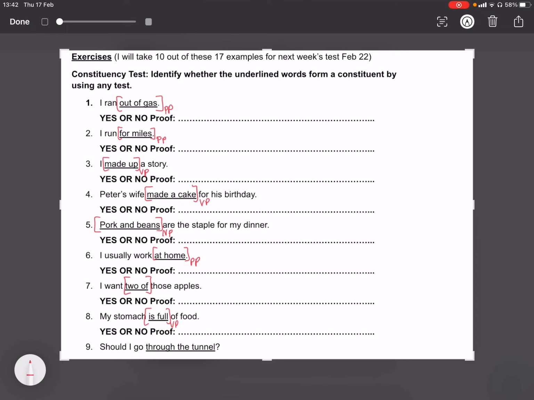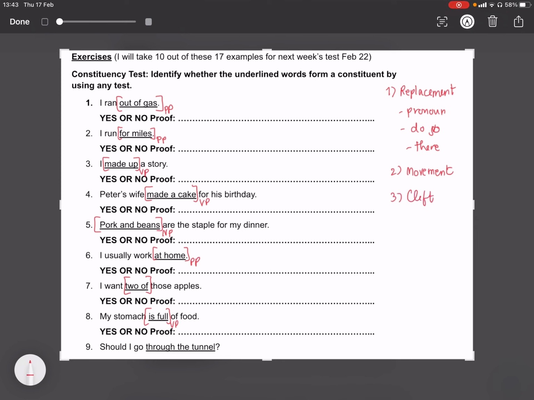So just to remind you, the constituency test can be done by replacing the string of words with a pronoun, or do so for verbs, and there for PP, okay, for prepositions. Or you can do the movement test. So you just move it in front, which is called fronting, or move it to something called a cleft.